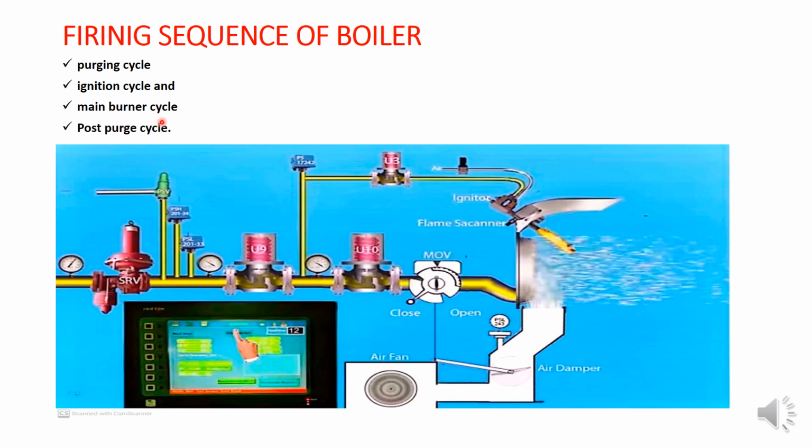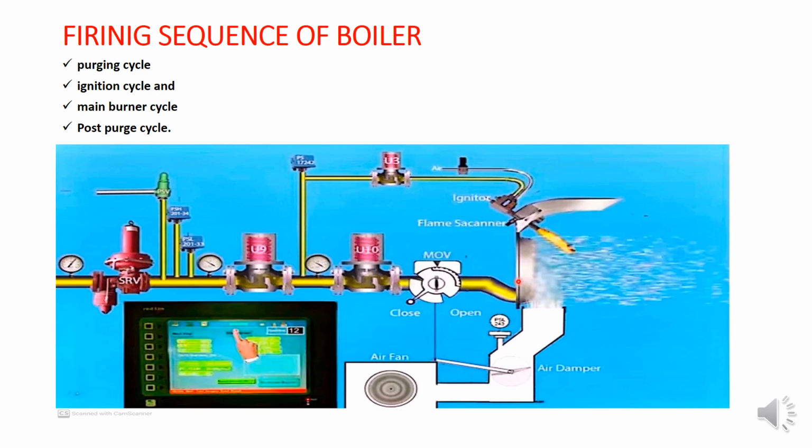Main burner cycle. The main burner supplies the fuel inside the boiler furnace. The main burner is fired, this is detected by the main flame eye relay, and the pilot burner is cut off. Once the pilot burner is cut off, after some time you stop the boiler.